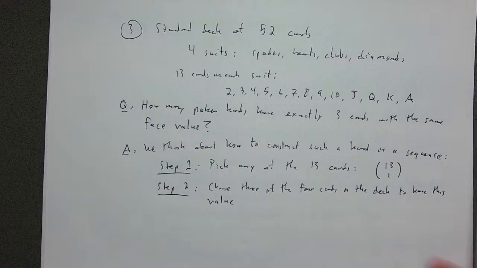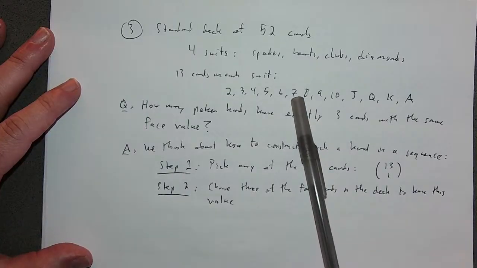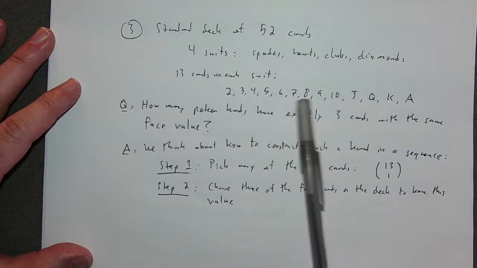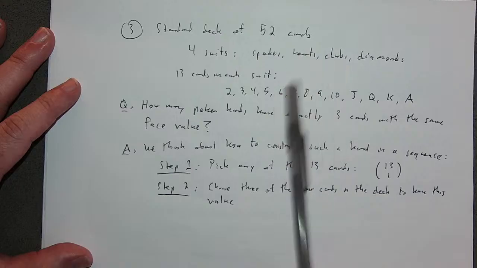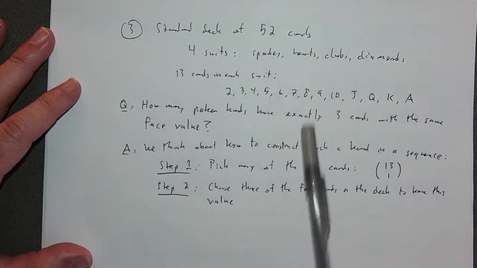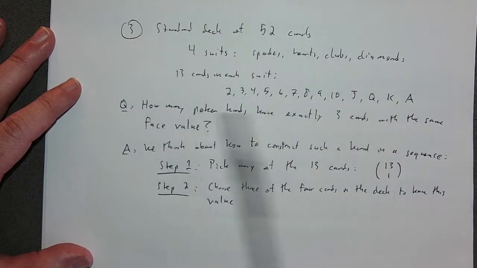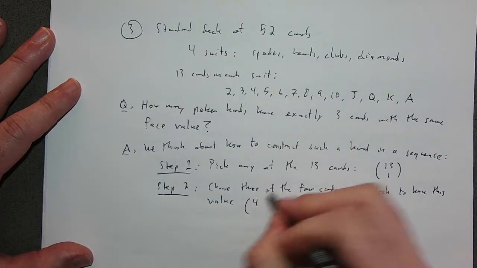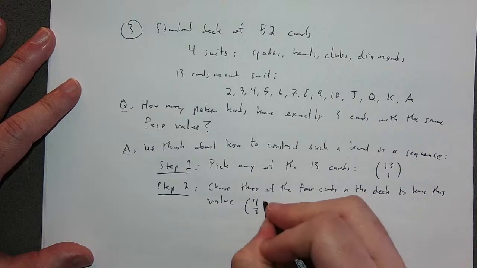There were 13 possibilities there. I picked 7. Now that 7 is the thing involved here, I need to construct a hand with 3 sevens. There are 4 sevens in the deck total: the 7 of spades, 7 of hearts, 7 of clubs, 7 of diamonds, so 1 for each suit. I need to choose any 3 of them. It didn't say anything about what specific suits. So how many ways are there to do this? Well, there are 4 sevens, and I'm choosing 3 of them.